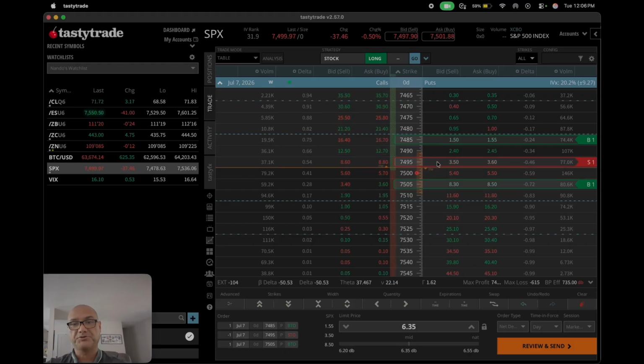I captured a little more than 50% of the max value of this butterfly with a little more than 50 minutes to go, 53 minutes to go till the close. Of course, if it pins here at 95, I'm going to miss out on the extra $485 that I could have captured, but I don't know that it's going to pin there.